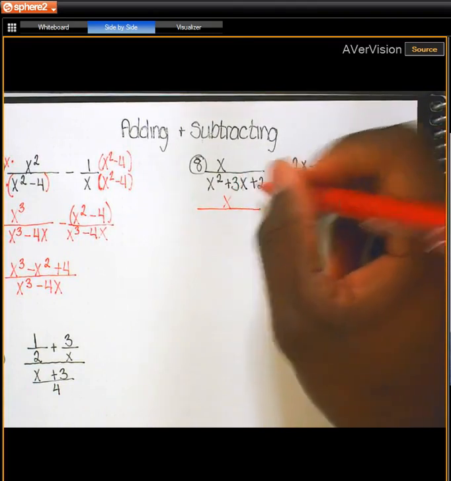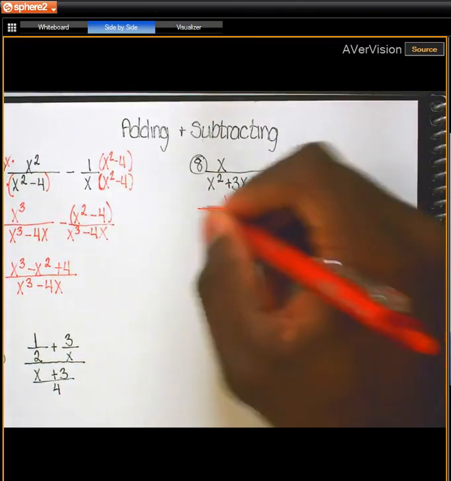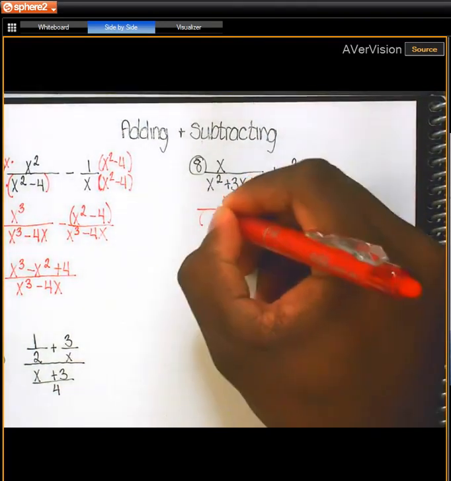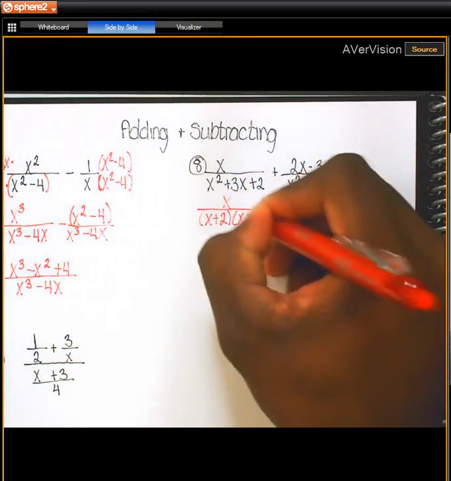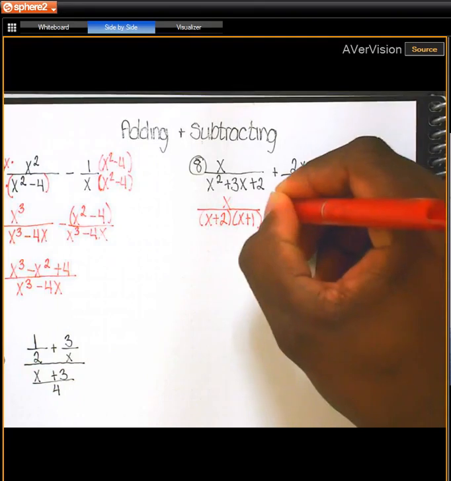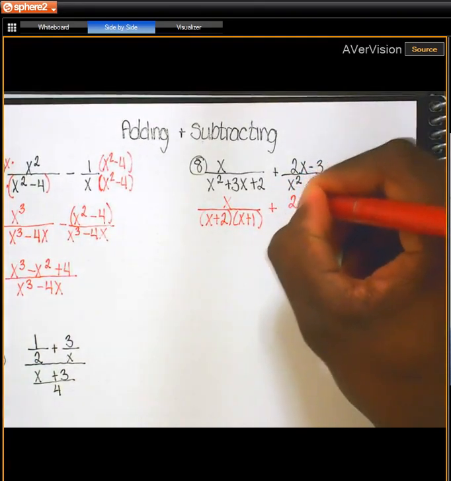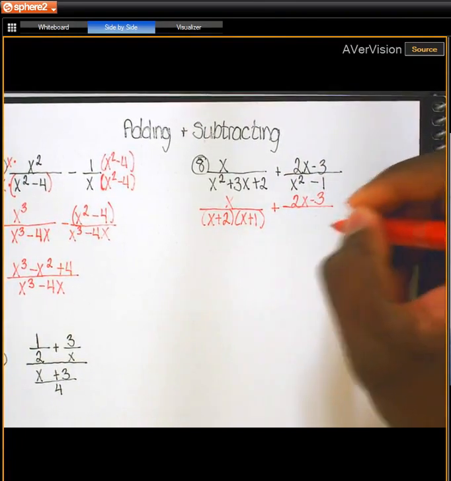So what is x squared plus 3x plus 2 factored? What about x squared minus 1 factored?